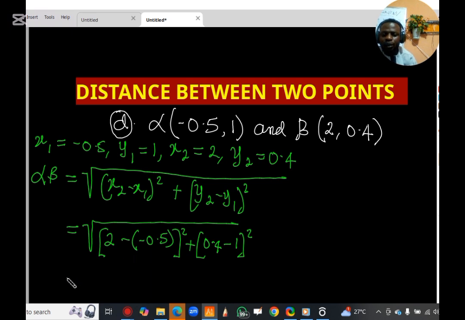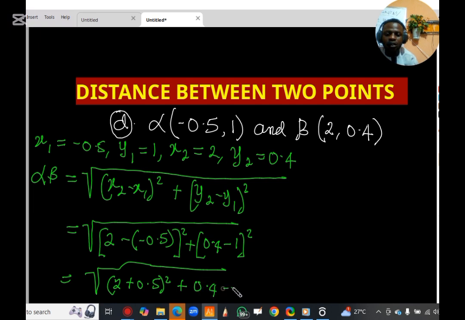So simplifying further, we have this to be the square root of 2 plus 0.5 all squared plus, the same thing, 0.4 minus 1 all squared.